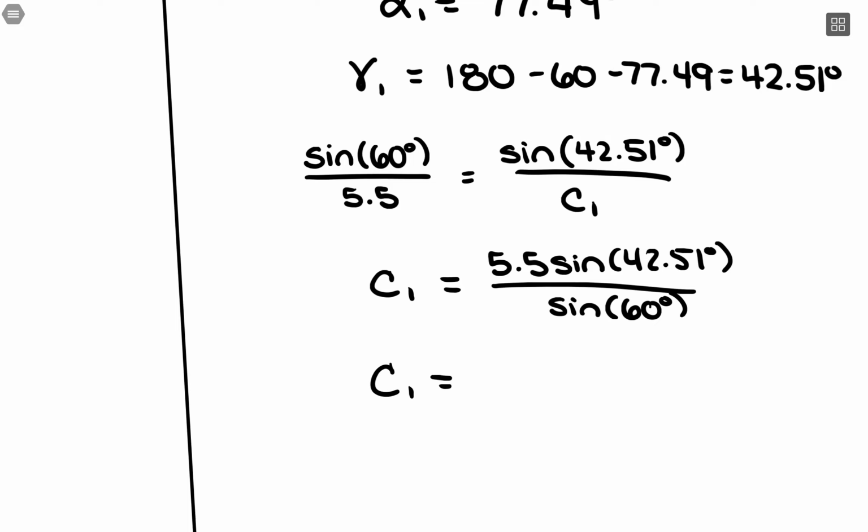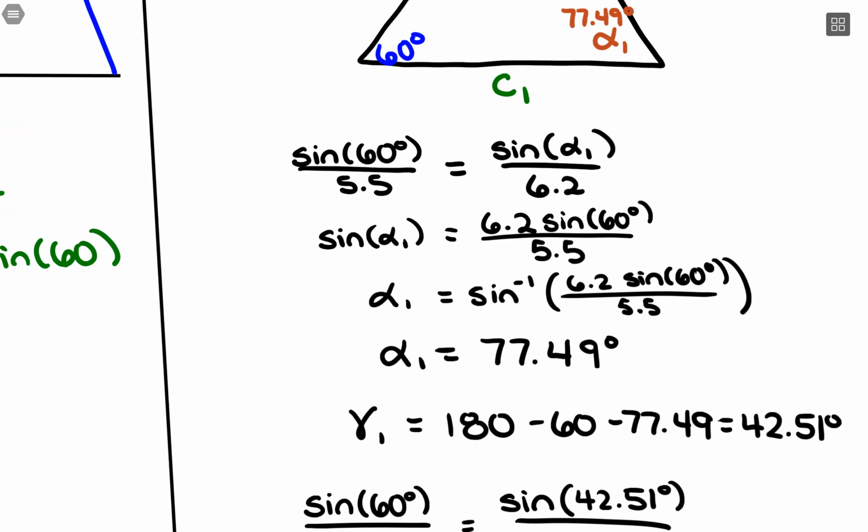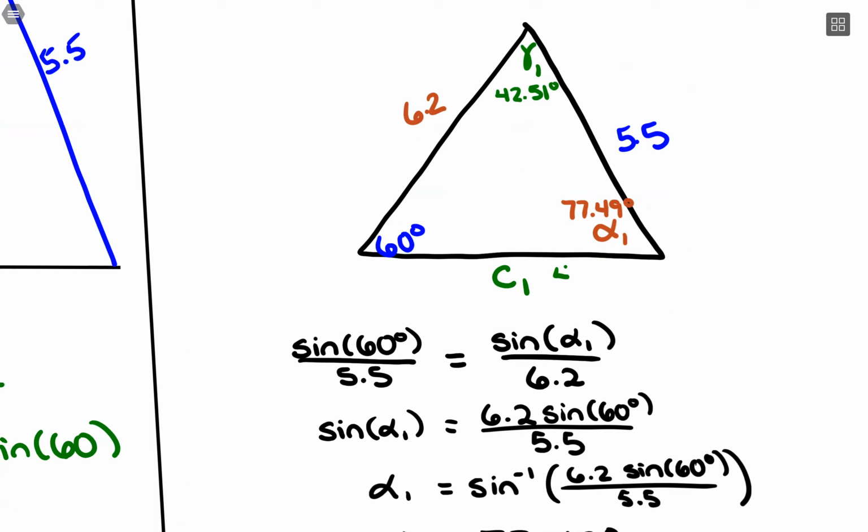And that should give us a side length of 4.29. So side length 4.29. I'm just going to run my check. Largest sides and angles, smallest sides and angles. So we solved the triangle.